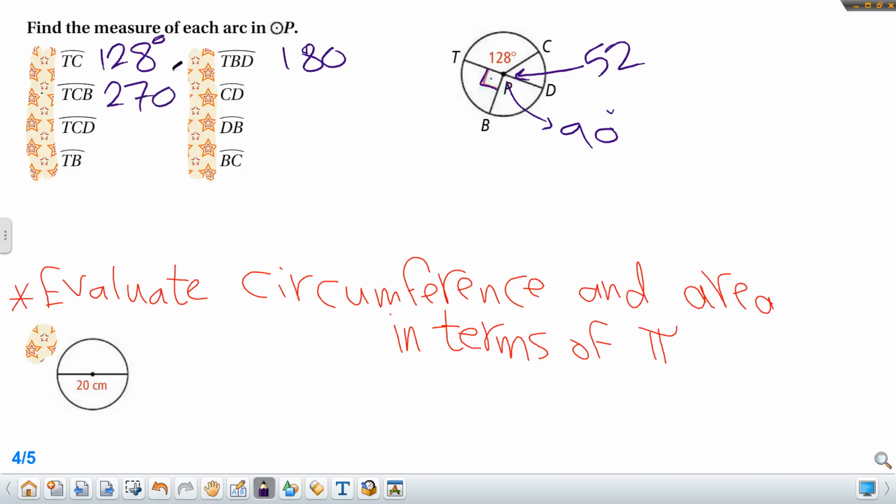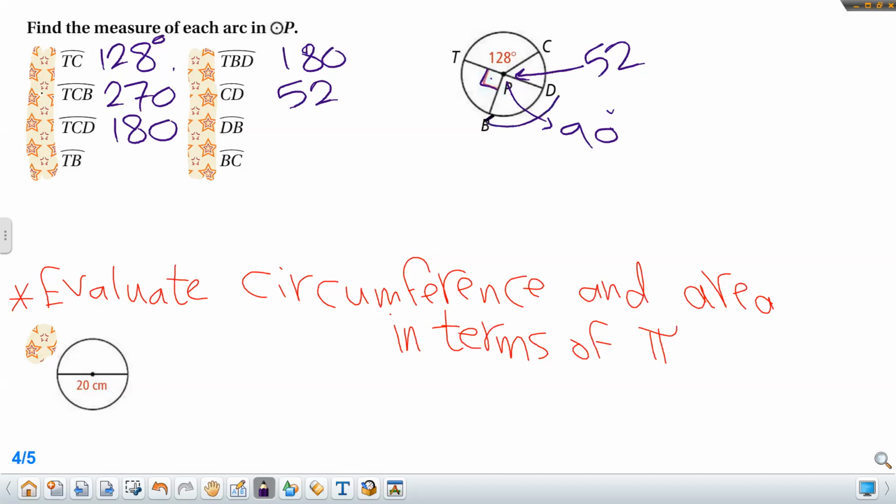Next one, CD, opposite to angle CPD of measure 52. And TCD. TCD represents a semicircle, so its measure is 180 degrees. What about DB?